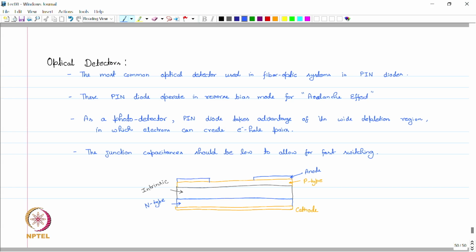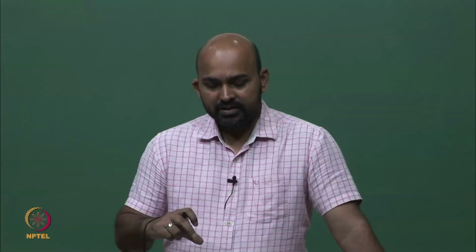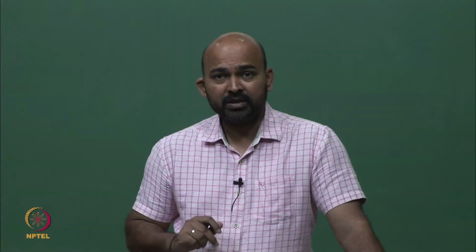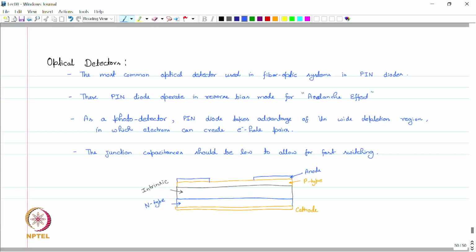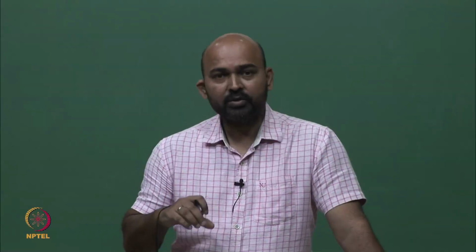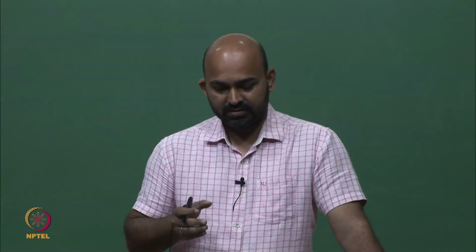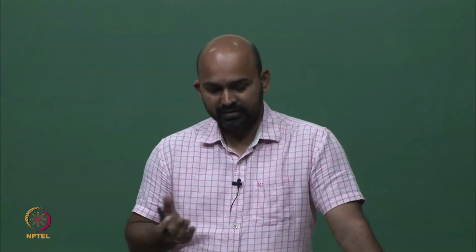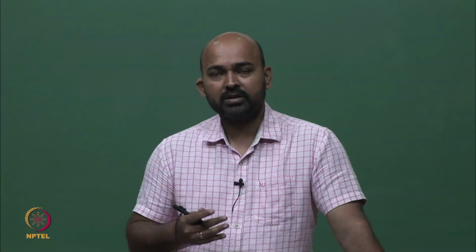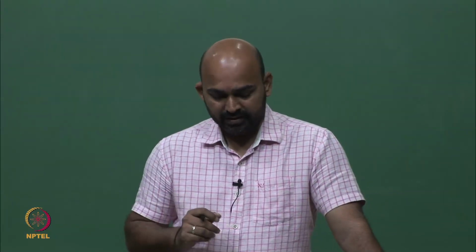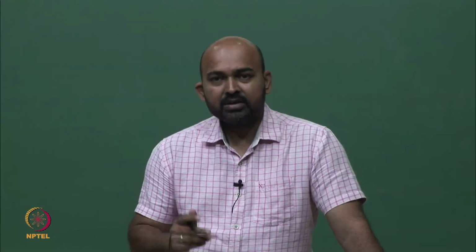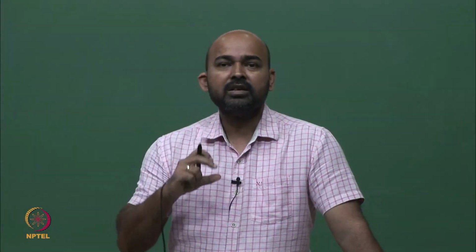So, when we apply a very high voltage across these two terminals, a very high electric field is developed in the device, and that electric field will be confined more into the intrinsic region, which already has no charged particles inside. So, all this high electric field appears across the intrinsic region.